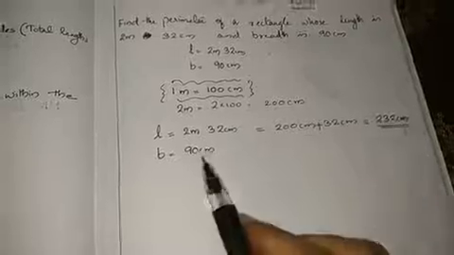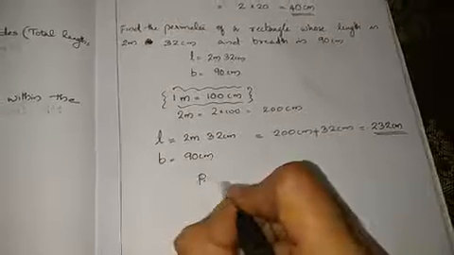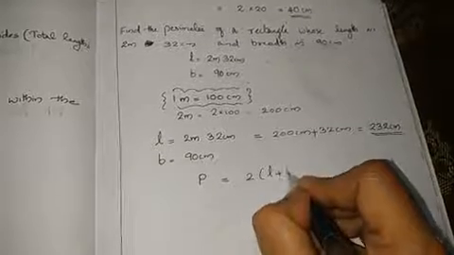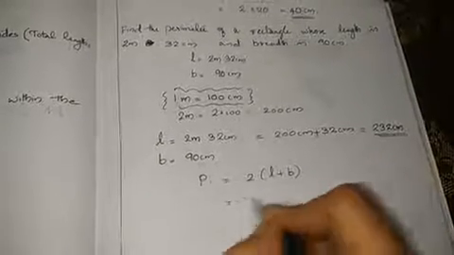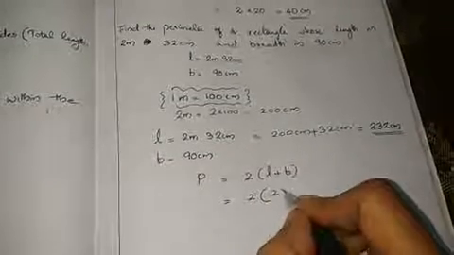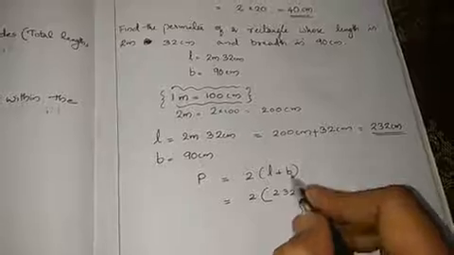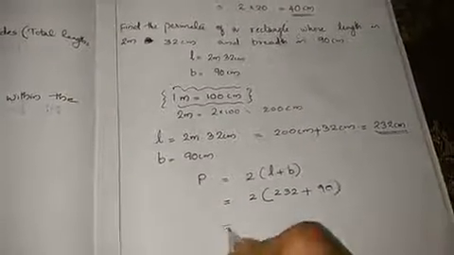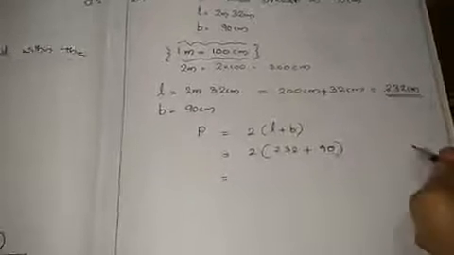Now can you see both are in centimeter? So perimeter is equal to 2 into (L plus B). Give the value of L as 232 plus breadth is equal to 90. Now we can add 232 plus 90.